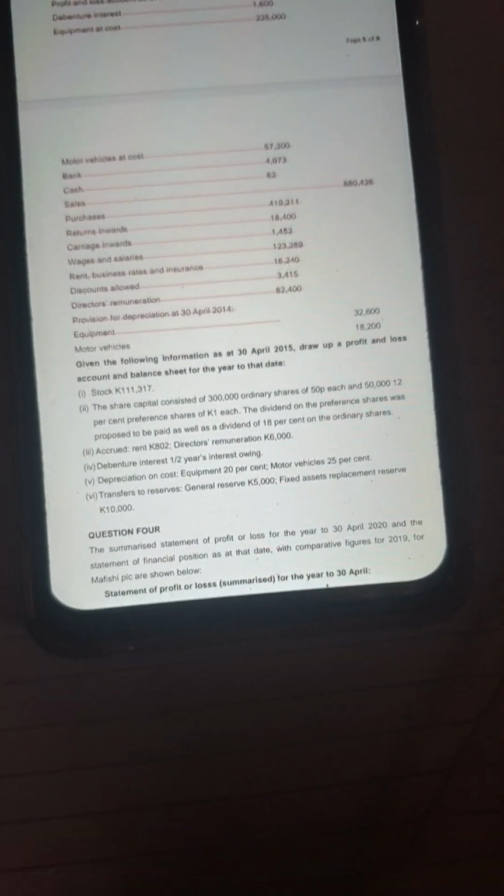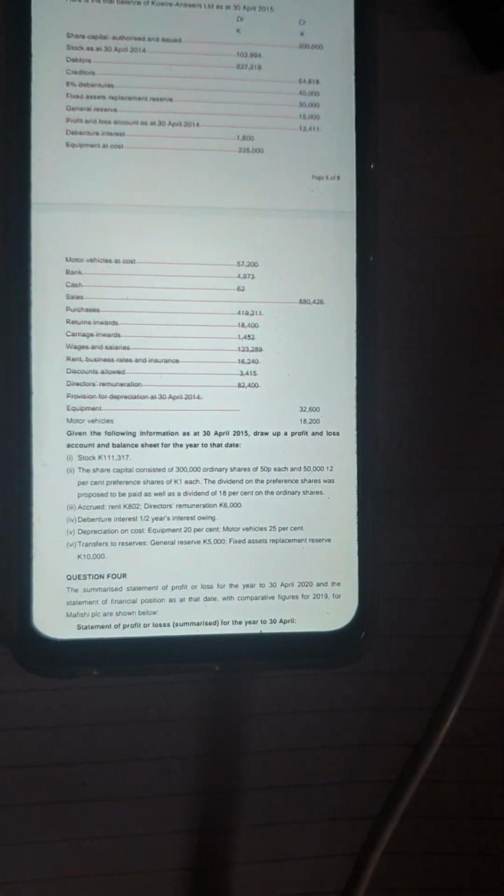There's accrued director's remuneration, or what we call due. It was 6,000, so we're going to add the 6,000 here, and if we add the 6,000, we'll have 88,400. Next, we don't have any adjustment here except for depreciation.